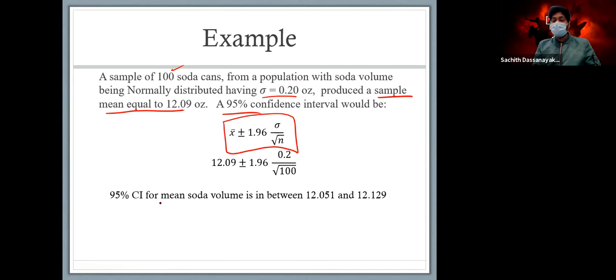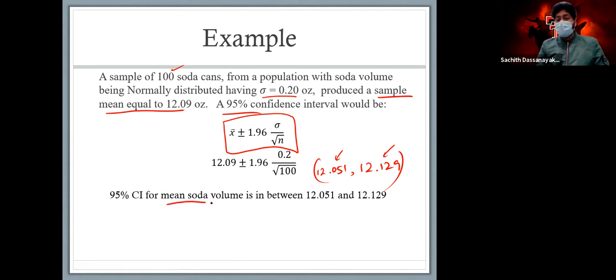So the 95% confidence interval for the mean soda volume is between these two values. Once you simplify this, you get these two values. This is the upper bound, this is the lower bound. You can write it like this, or at the end you can write it as a 95% confidence interval, or you can use CI, that's fine.